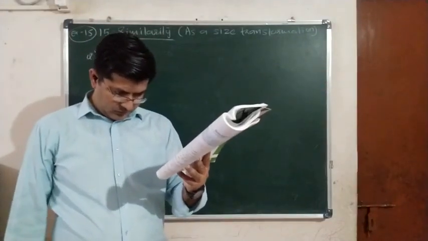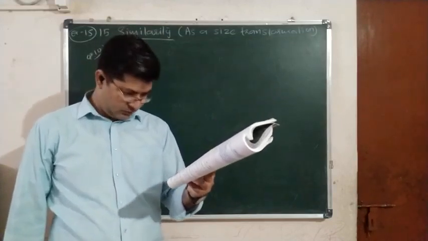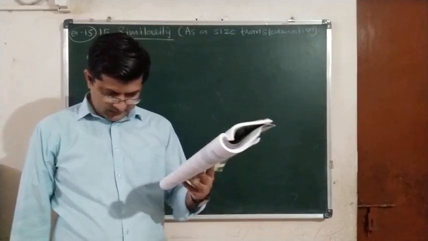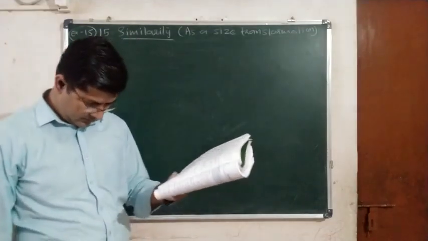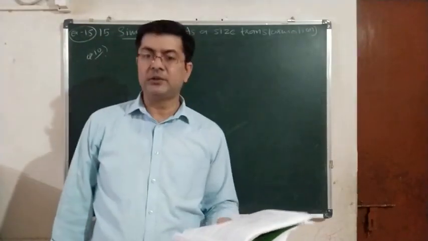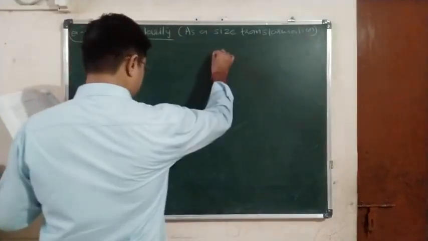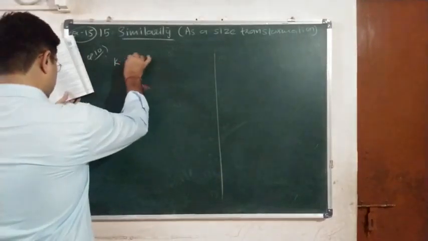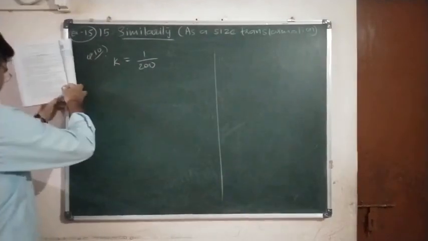So length of model is given, length of ship we have to calculate. Similarly, area of deck is given, area of deck in model we have to calculate, and the volume of model is given, volume of ship in cubic meters we have to calculate. Okay, so one by one we will solve. Okay, scale factor K is 1 upon 200.